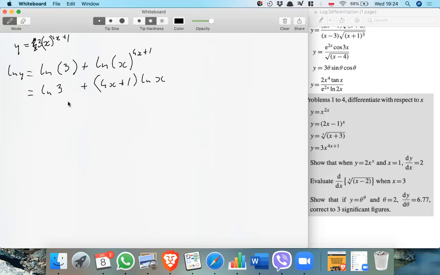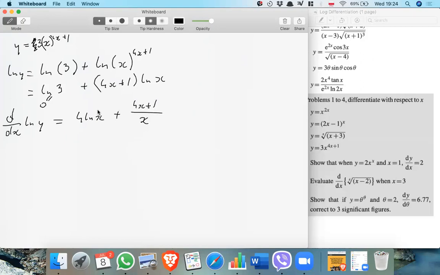And now that that's done, I can take a derivative d/dx of ln of y. The derivative of the constant is 0, so I don't need to worry about it anymore. Then I'm taking the derivative of this product, so derivative of the first one times the second one, that will be 4 ln x, plus derivative of the second one times the first one, so that's 4x plus 1 all over x.